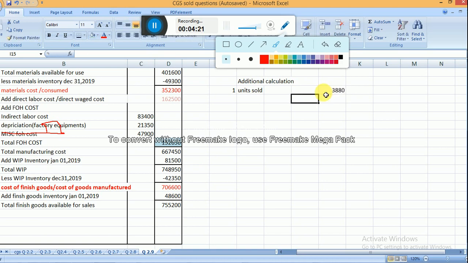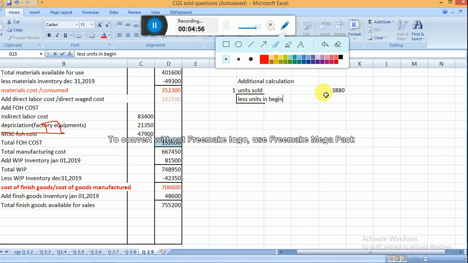But in these units we also have the 2018 units remaining. So we will subtract those units. Why? To find out the exact units of 2019. So less units in beginning.